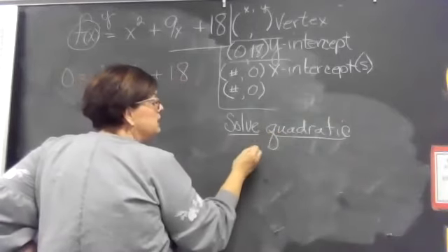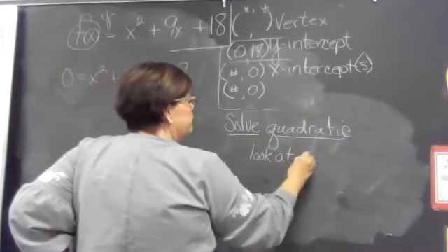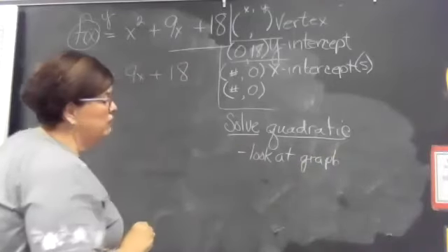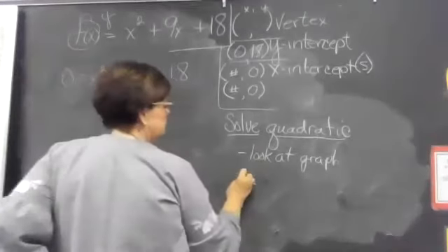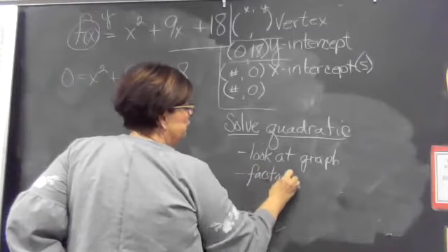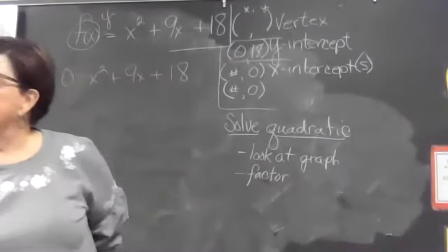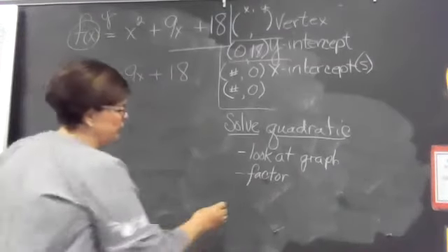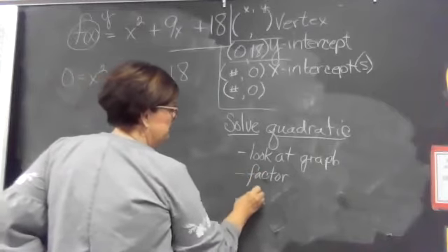You can actually look at a graph. If they give you a picture of a graph, you can solve a quadratic. You can do what they call factoring, which is pretty easy. But for the GED test, I'm going to teach you the third one because the factoring doesn't always work, but this always does.